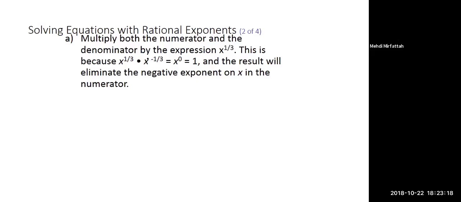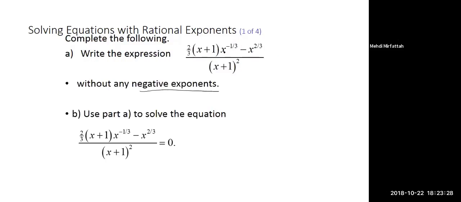In this case, we're going to multiply both the top and bottom of the fraction by x to the power of 1/3. Why x to the power of 1/3? Because when you have x to the power of -1/3 times x to the power of plus 1/3, you add the exponents, right? -1/3 plus 1/3 adds up to 0. That would be x to the power of 0, which is equal to 1.